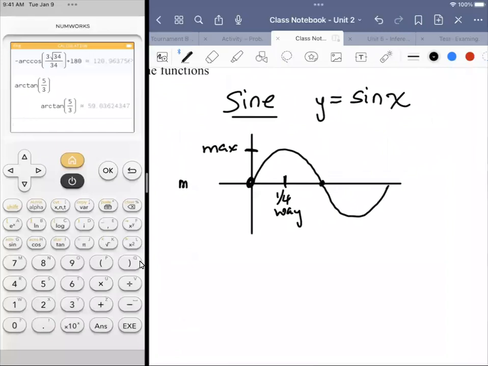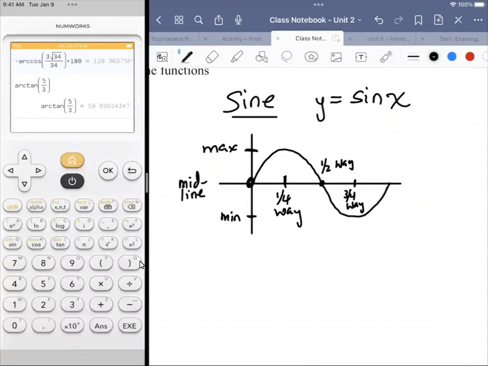So again, this is the midline. It's going to hit the midline at the halfway point. It's going to hit its minimum. So the minimum would be down here somewhere. It's going to hit that at the 3/4 waypoint. And then it'll be back at the midline at the end.